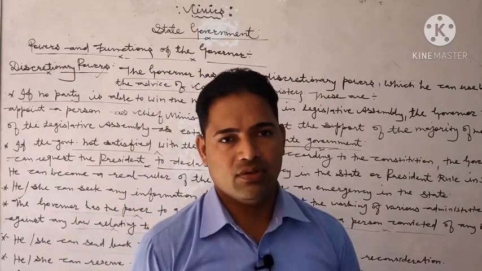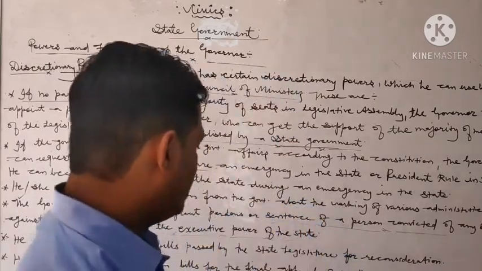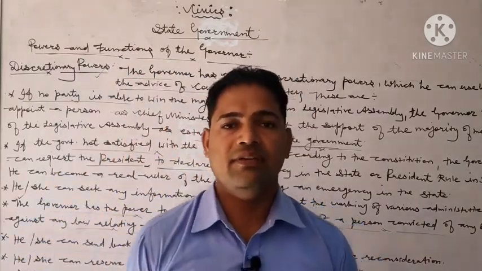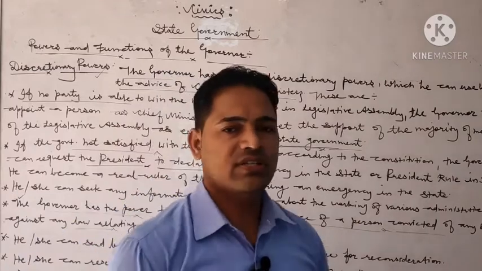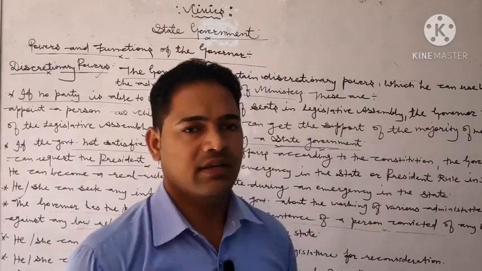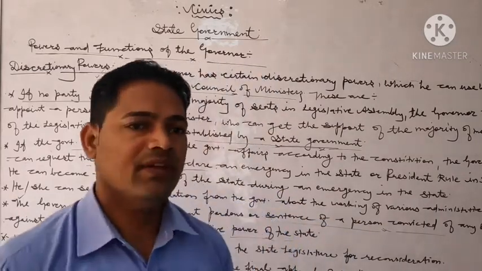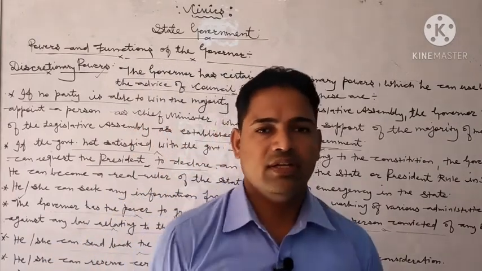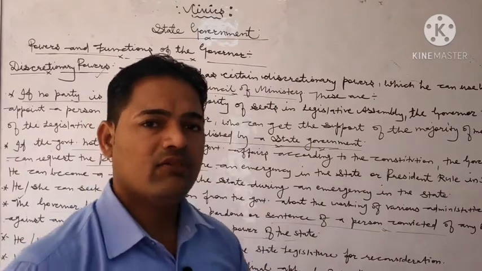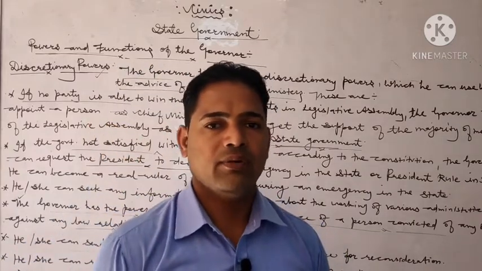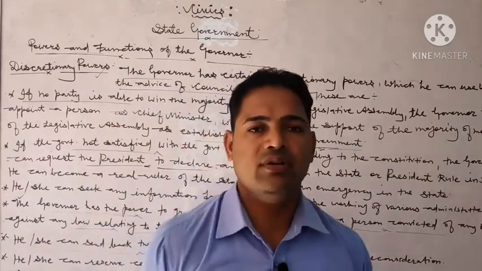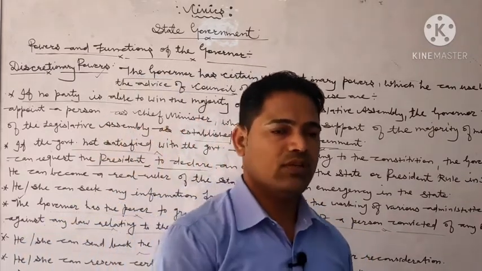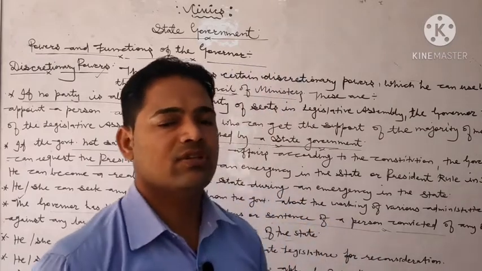Number two, my dear students, the governor has to be ready to choose alternatives also. If the Council of Ministers is against the governor and wants to resign because they are not satisfied with the working style of the governor, in that situation the governor has to find an alternative for the next ministry. Why? Because if the council members are going to resign, then the governor should decide the alternate to run the system properly.